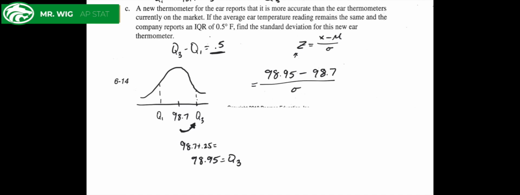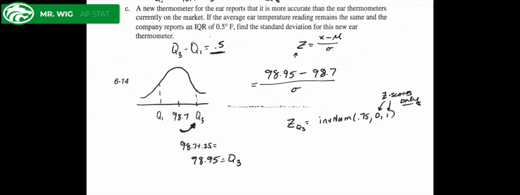Z-scores can be found using inverse norm like this. So the z-score for Q3 can be found by saying inverse norm, where we have 0.75, 0, and 1.